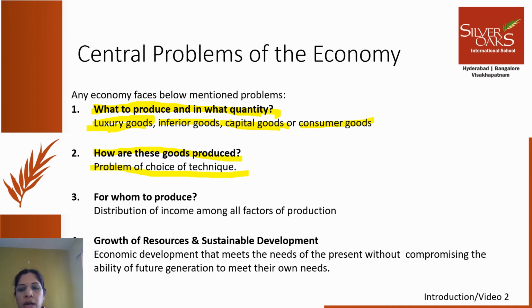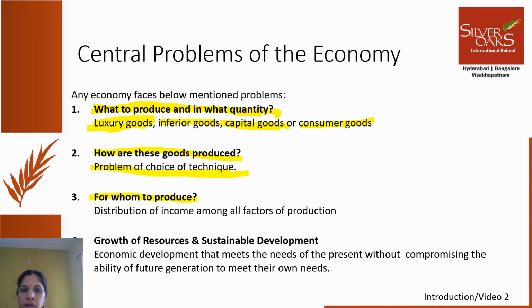In many European countries or many other advanced countries where there is shortage of labor, they can go for capital intensive technique, which means they can use heavy machinery and automation to produce different kinds of goods. So the second problem is what kind of technique of production should be used, whether it is labor intensive or capital intensive. The third problem that an economy faces is for whom to produce.